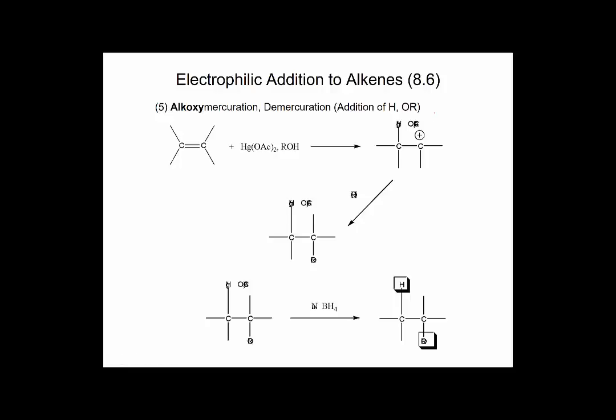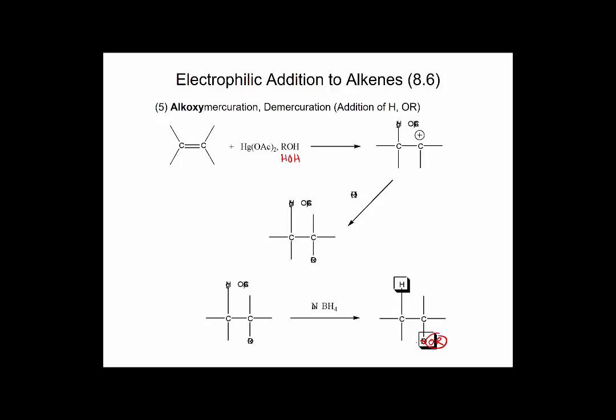Now this thing's totally messed up. So mercuration, demercuration, I don't know if I did alkoxymercuration. All I did was change HOH to ROH. So now I've added an H and an OR across the double bond. How have I added it?